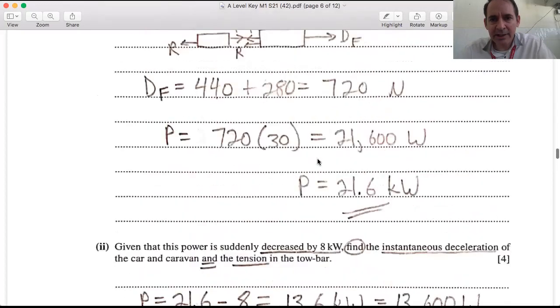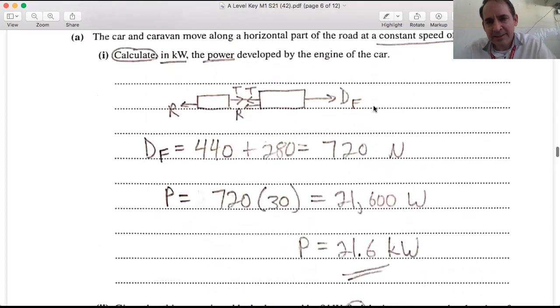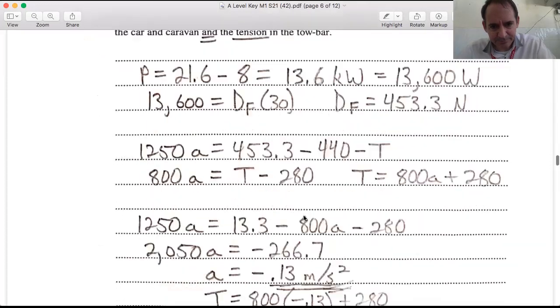So notice we're going to the right. For the car, it's the driving force minus the resistance and the tension, but for the caravan going to the right, it's the tension minus the resistance.